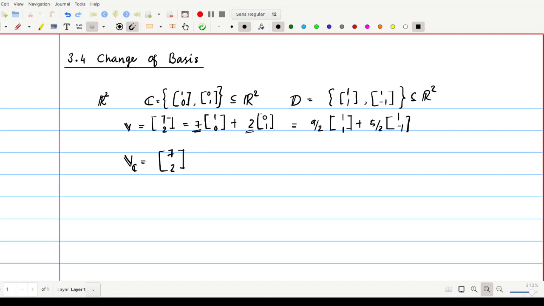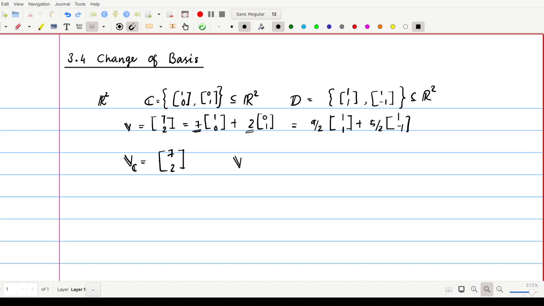When you add this, you get the first term as 9 by 2 plus 5 by 2, that is 14 by 2, that is equal to 7, and we have 9 by 2 minus 5 by 2, that is 4 by 2, that is equal to 2. So the same V can be expressed as a linear combination of these vectors. These are the basis vectors of D.